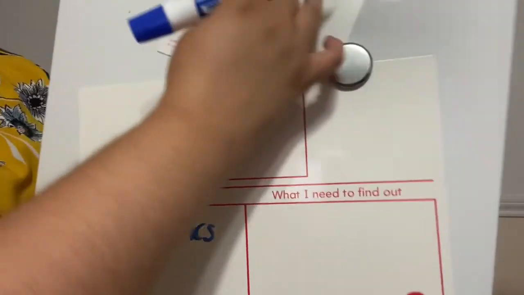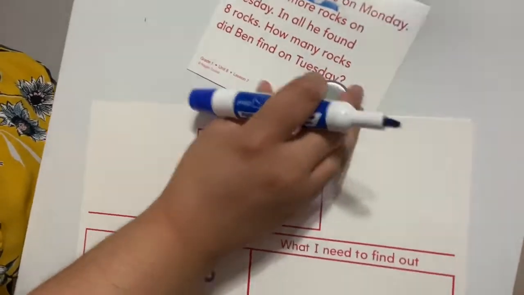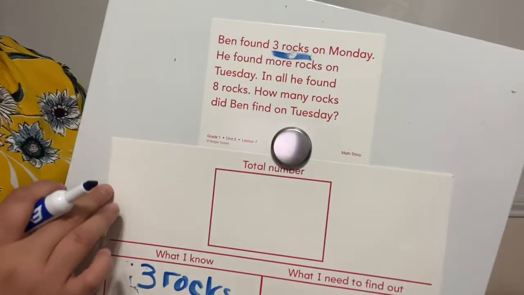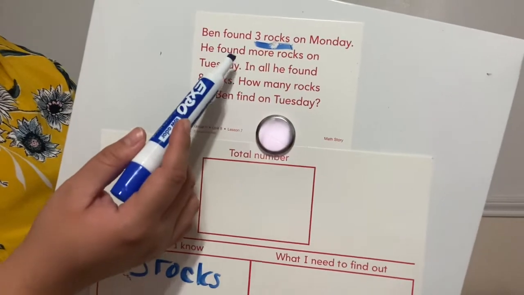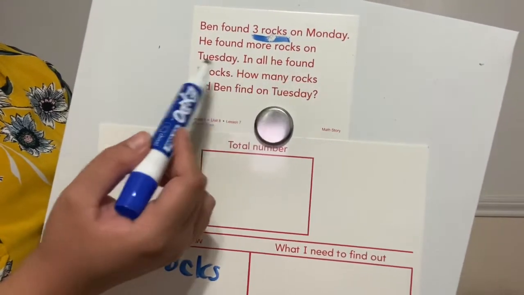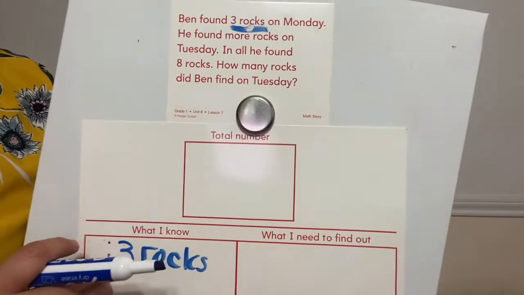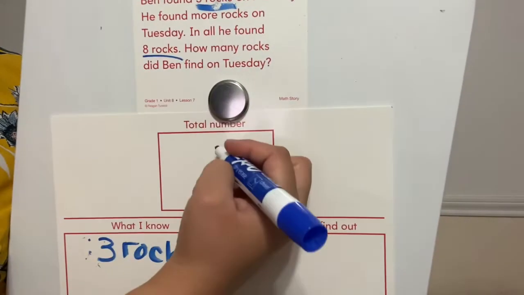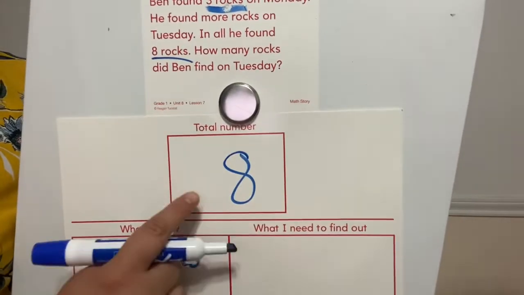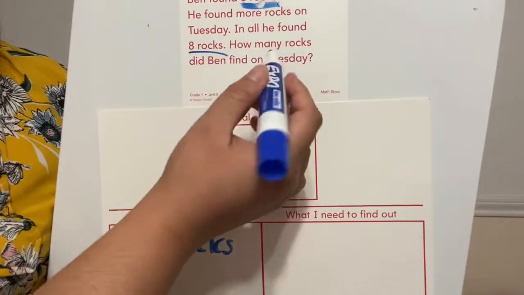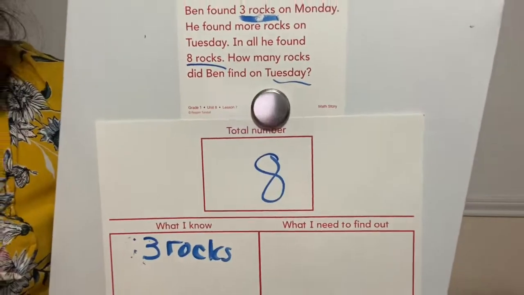On the problem, it says he found more rocks on Tuesday. In all, he found 8 rocks. So the total number would be 8 rocks because that's what he has in all. So I'm going to write the number 8. How many rocks did Ben find on Tuesday?